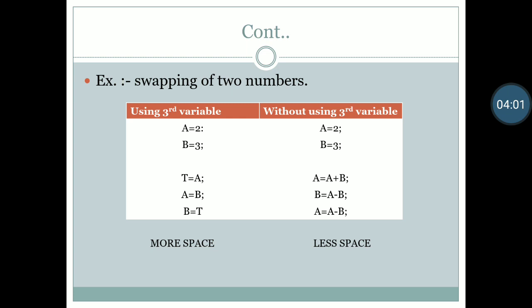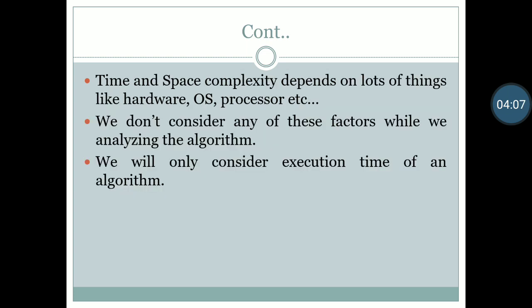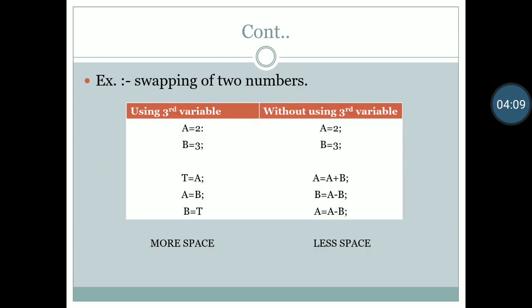Out of these two algorithms, we have to find the better one by considering the execution time of an algorithm. So for this we have to consider the total time. In the first algorithm, using a third variable, we have declared two variables a and b and also assigned values to both variables: a is equal to 2 and b is equal to 3.